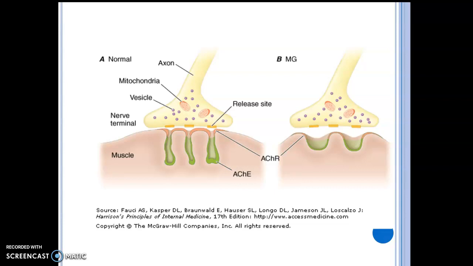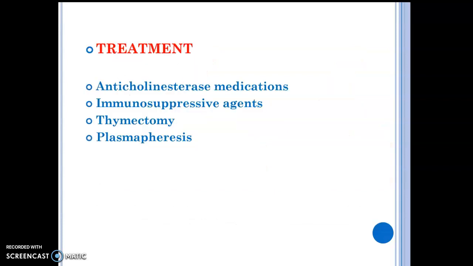So this is the neuromuscular junction in a normal person in A, and in B you can see the changes in the neuromuscular junction in a myasthenia gravis affected person. The treatment is anticholinesterase medication, immunosuppressive agents to reduce our immune activity, thymectomy and plasmapheresis. So these are the treatments of choice for myasthenia gravis.